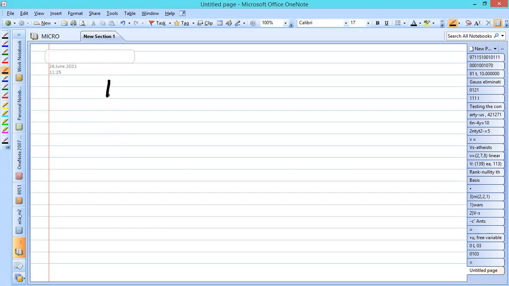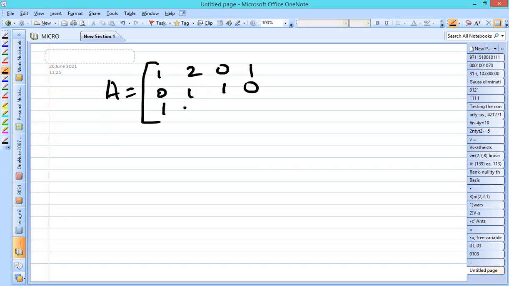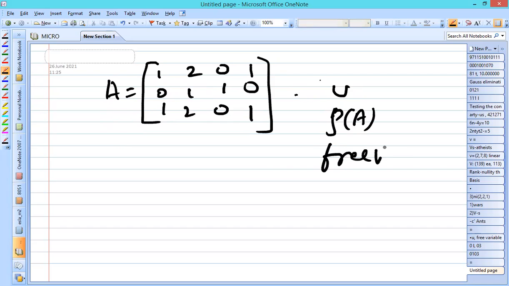So here I give the matrix A as 1 2 0 1, 0 1 1 0, 1 2 0 1. For this, reduce to the echelon form U and find the rank of matrix A, and also identify the free variables. So 3 tasks are given.